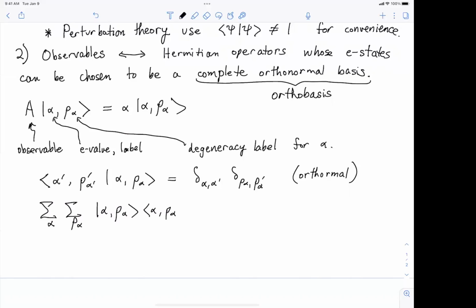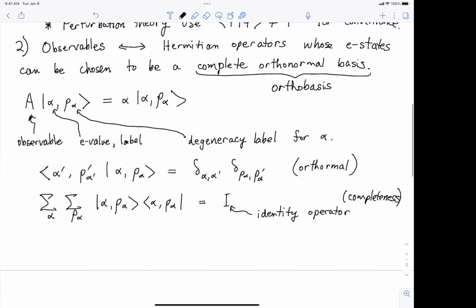That's an operator, and it's equal to the identity operator, for which I usually write the letter I. Sometimes I'll just write 1, with the understanding that if I write 1 and it's an operator, then it's the identity operator. So that's completeness. And it's a very common thing that when you're stuck on trying to prove something, completeness might be a good idea to try.